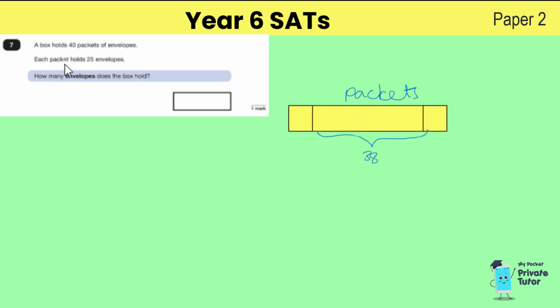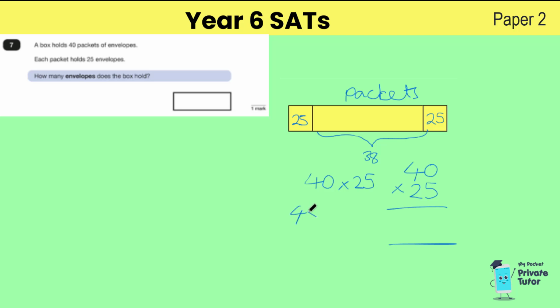And it says each packet holds 25 envelopes. So that holds 25. Each of these hold 25. That holds 25. Now, what you can hopefully see is that we have 40 lots of 25. So we're actually doing 40 multiplied by 25 to get this answer. Now, you might want to do that as a long multiplication like that, or you might want to use known facts.